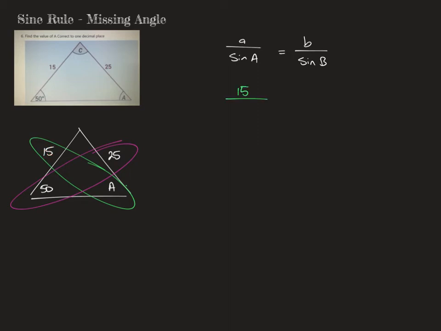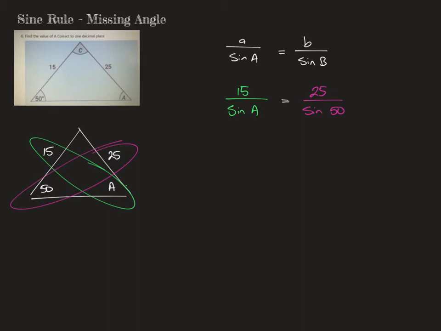So 15 all over sine of the angle, and the angle for the greens is A. So sine A. And that's going to be equal to, and now I'm looking at my second fraction. So b in the second fraction is represented by the side. In this case, it's going to be 25 all over sine B, and sine B in this case is going to be sine of 50.